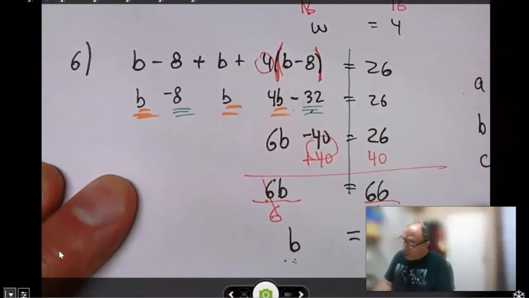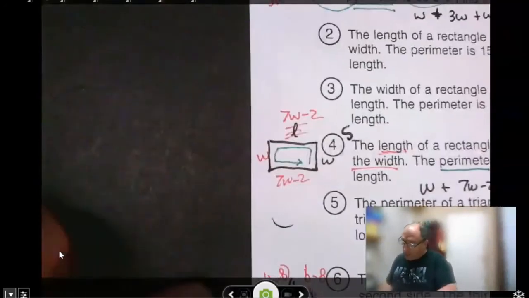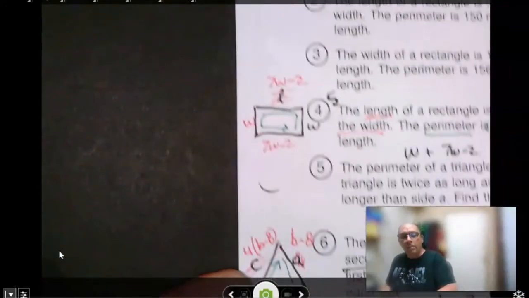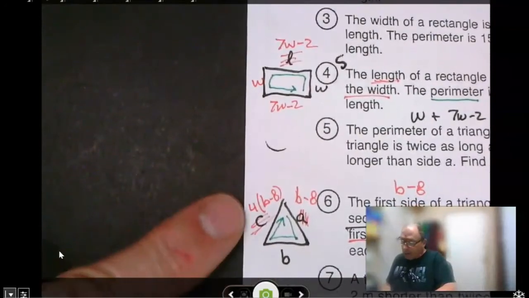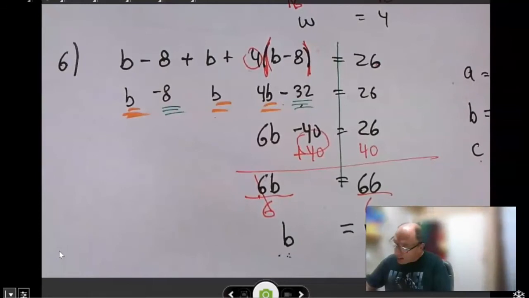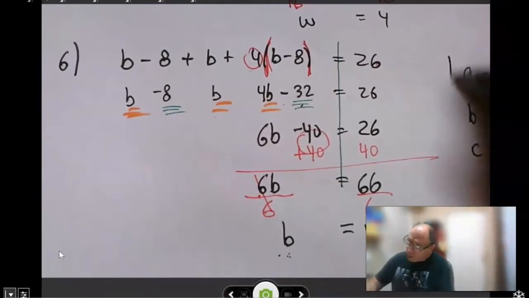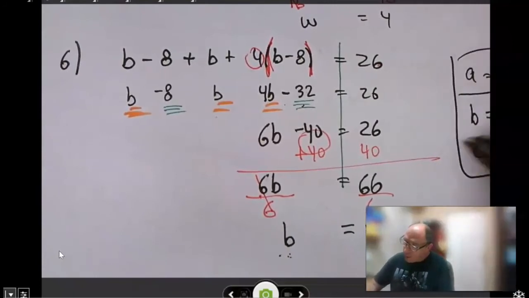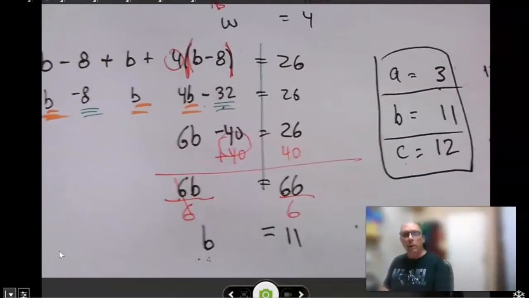And the last side, C, was 4 times longer than side A, or 4 times 3, or 12. And so our 3 numbers that we're looking for are 3, 11, and 12.